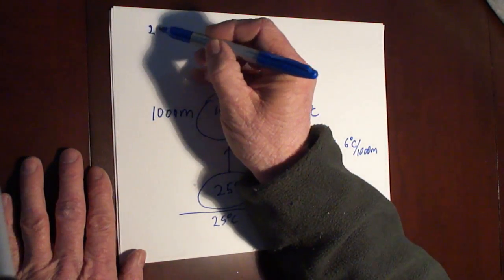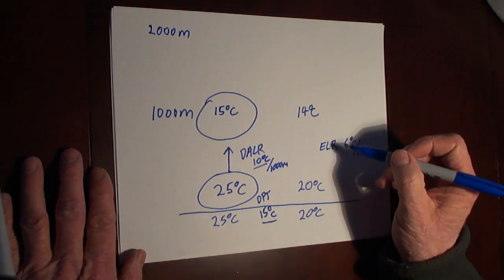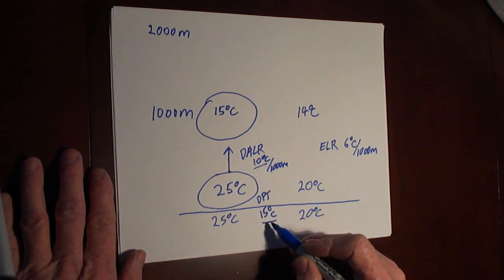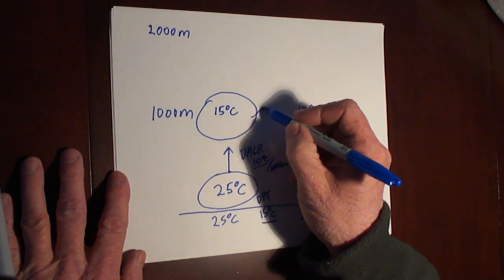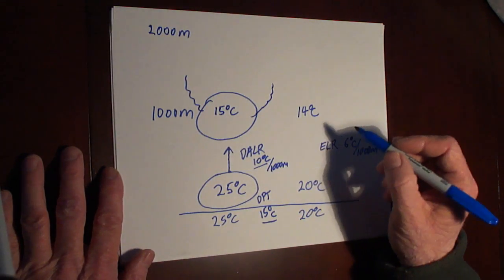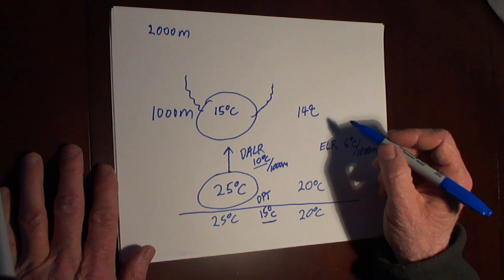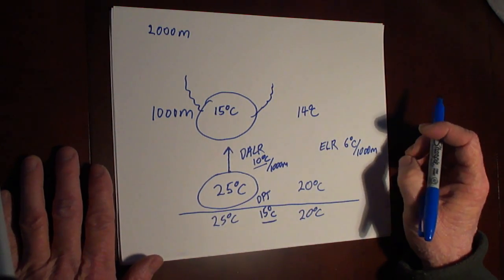So let's track it to 2,000 meters. But there's a difference because it has now hit its dew point temperature and it's starting to condense. So we're going to start to see a cloud forming here. That means as it condenses, what happens to latent heat?